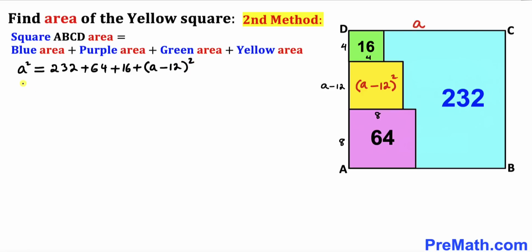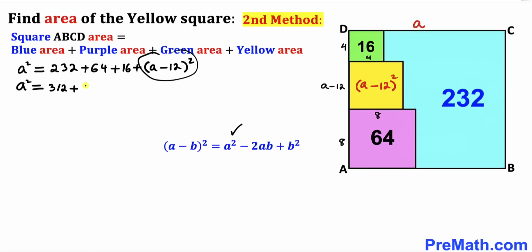So let's go ahead and simplify. a squared equals, if we add all these constants, that's going to give us 312 plus, now let's recall another famous identity. (a minus b) squared could be written as a squared minus 2ab plus b squared. We are going to apply it on this part.